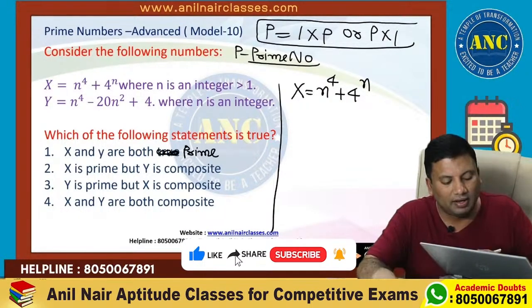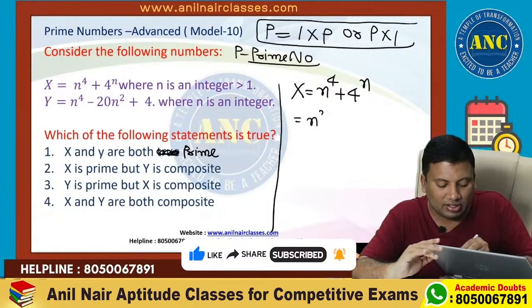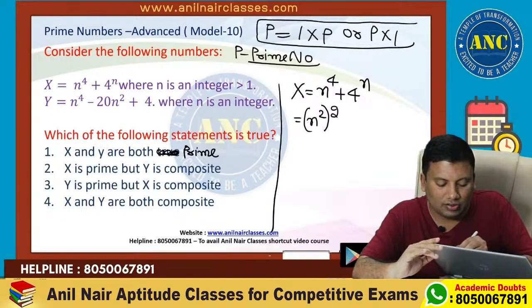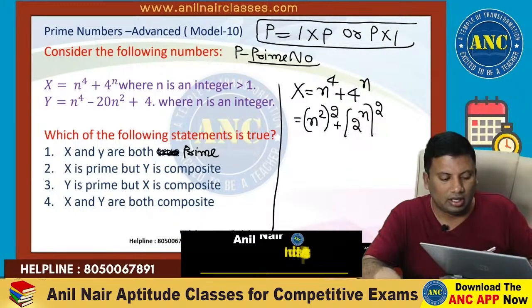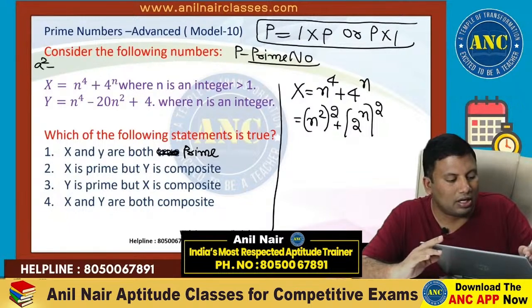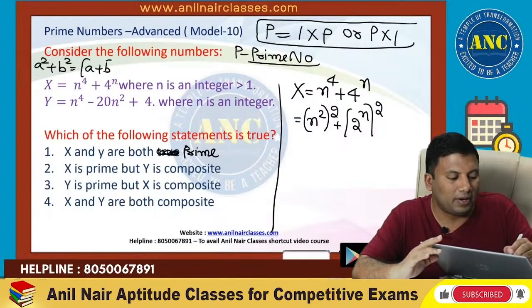Listen carefully. Prime number means I need to write it as a product of two factors. This is (n square) whole square. This is (2 power n) whole square, 2 power 2n. A square plus b square is nothing but (a plus b) whole square minus 2ab.